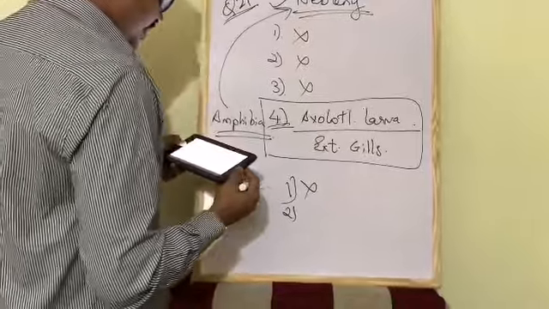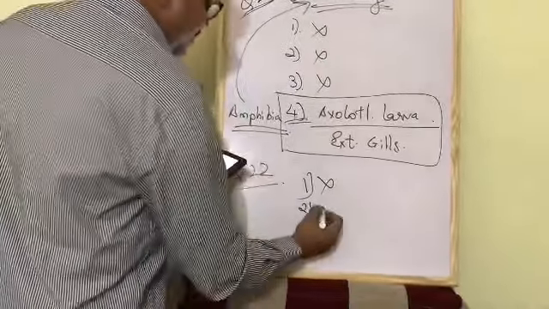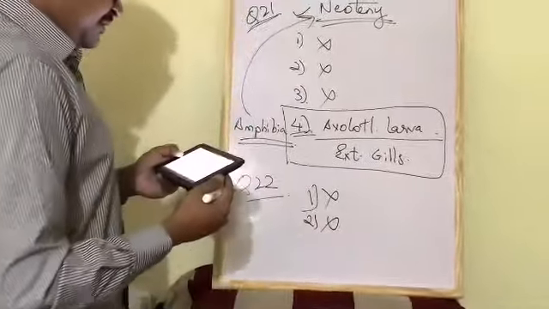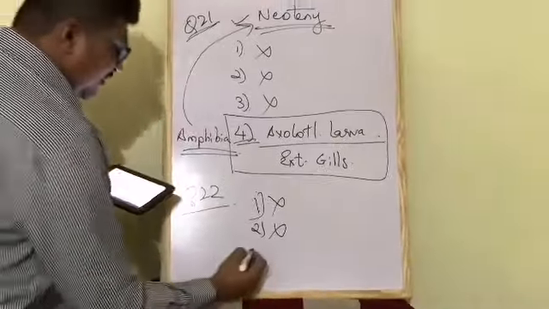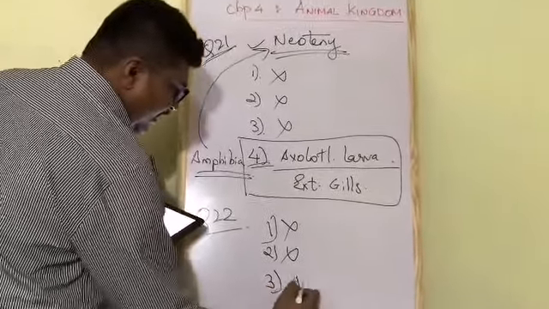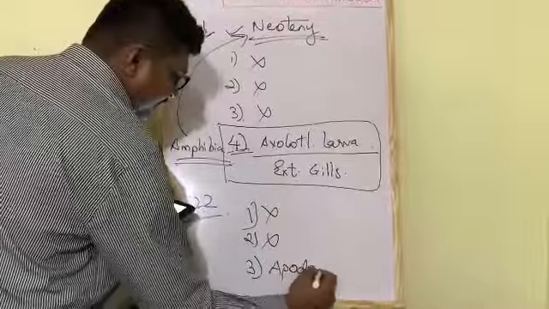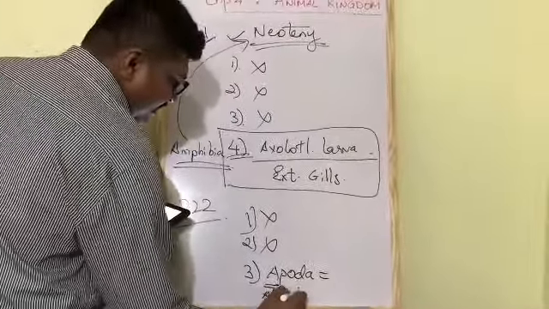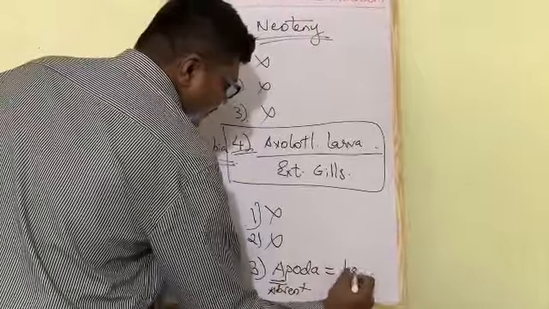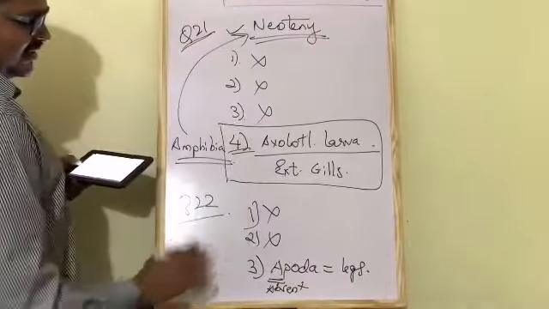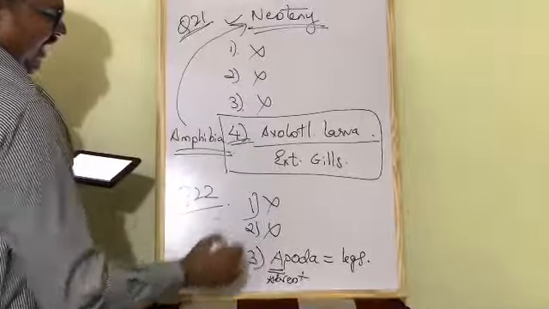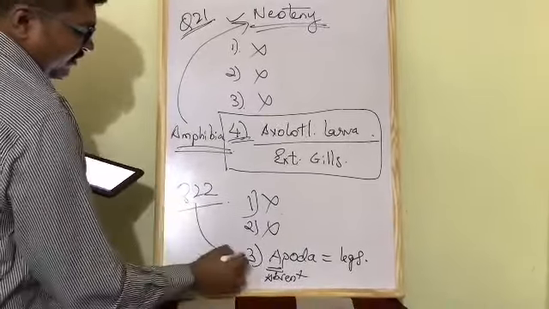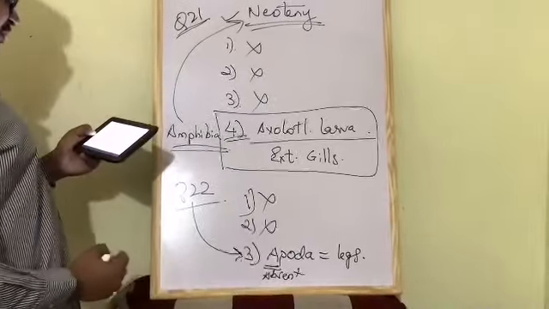The second option is Urodela. Urodela is salamanders, which also have limbs, so that is also incorrect. The third option is Gymnophiona. Another name of Gymnophiona is Apoda. A means absent and poda means legs. That means the name itself says that the limbs are absent. So for question number 22, the answer is option number 3.